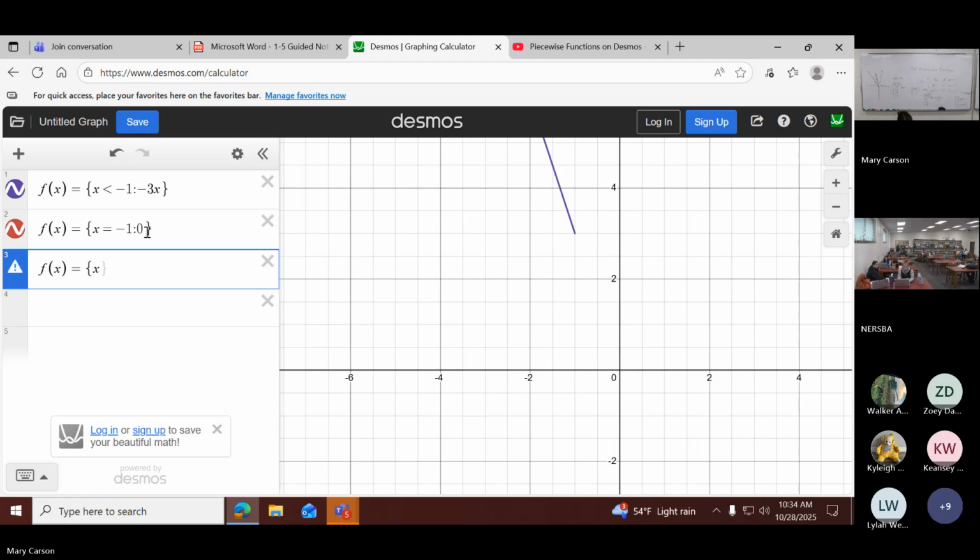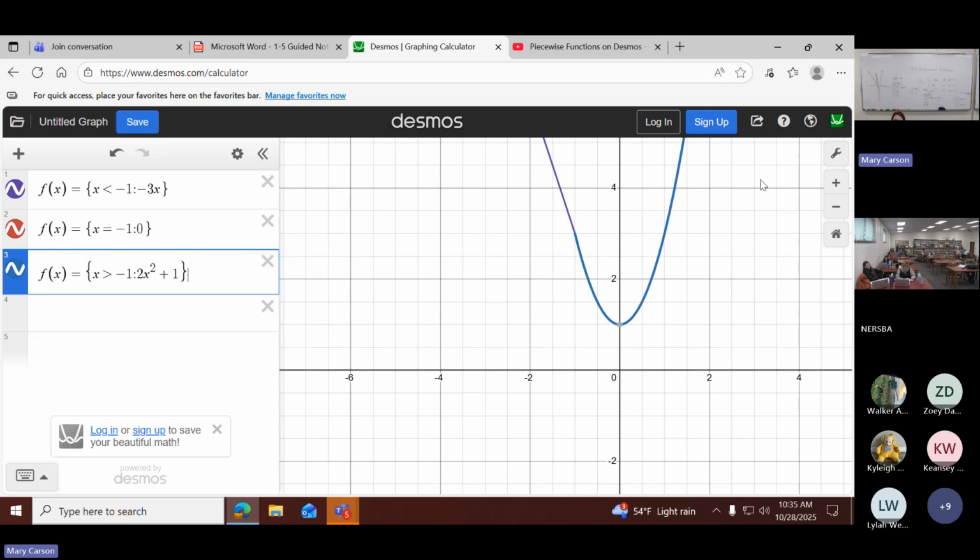X is greater than -1, colon, 2x squared plus 1. Are you seeing the purple and blue edge? Yeah, at least you can see the difference in that.